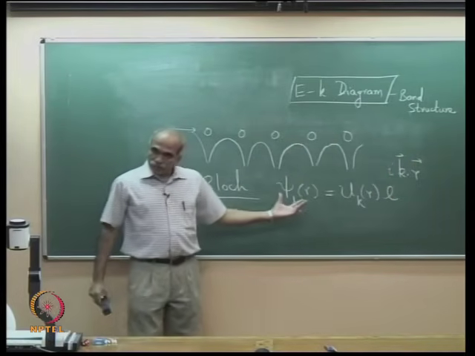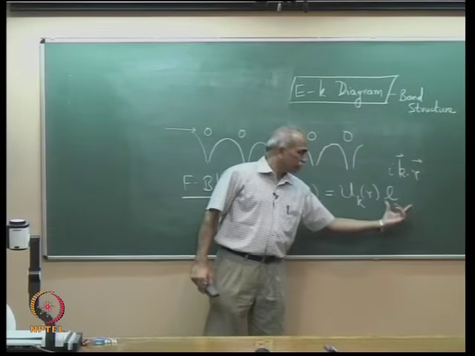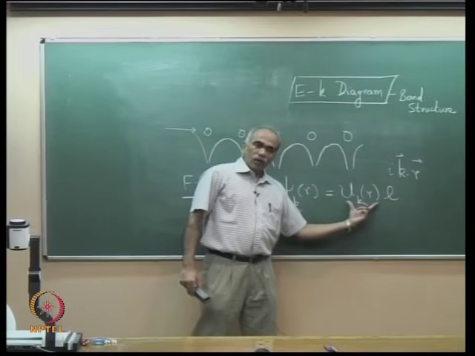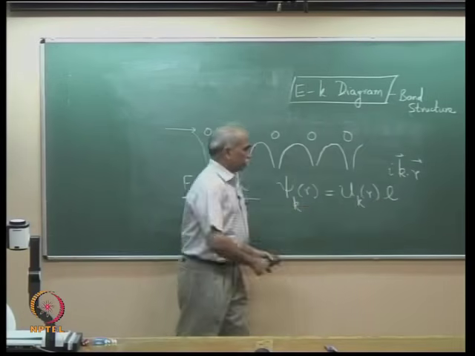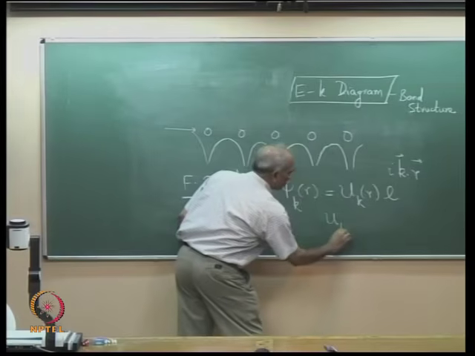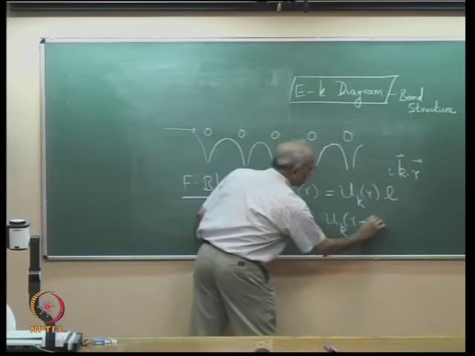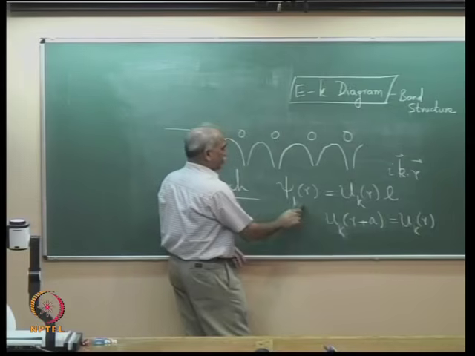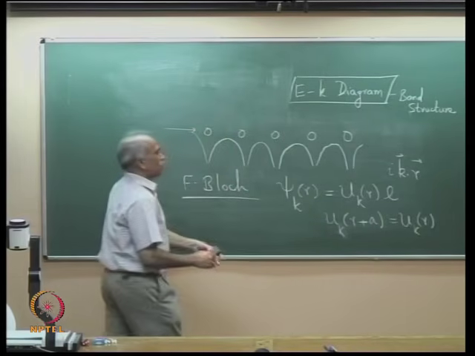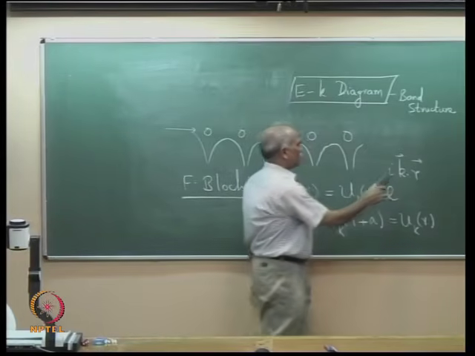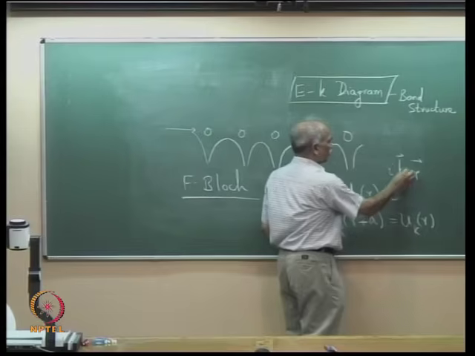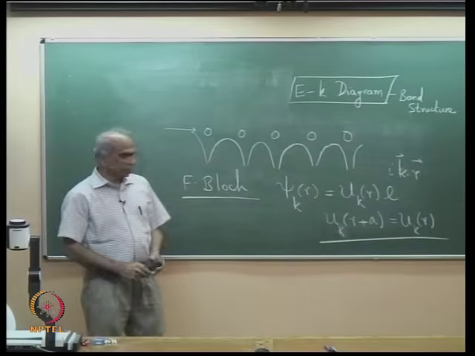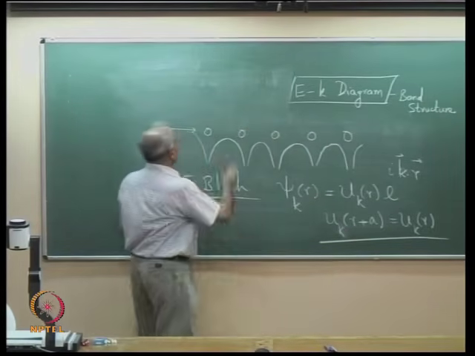That is, the wave function is a product of a plane wave, e to the power of i k dot r is a plane wave, multiplied by a periodic function which is called the cell function. uk of r is periodic: uk of r plus a is equal to uk of r, where a is the interatomic spacing.